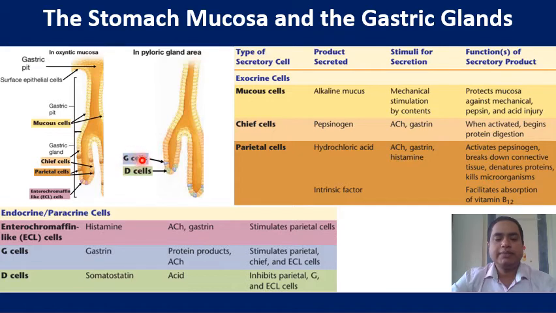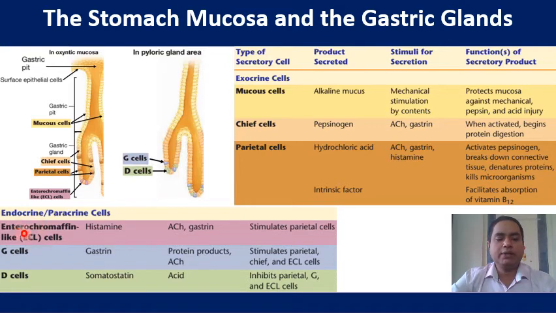G is for gastrin, so it secretes gastrin, and the D cell secretes somatostatin. The D cell is a paracrine type of cell, and the G cell is an endocrine cell. The enterochromaffin-like cell is also present in the oxyntic mucosa of the stomach. So now we will look at the function and the activation of these hormones.